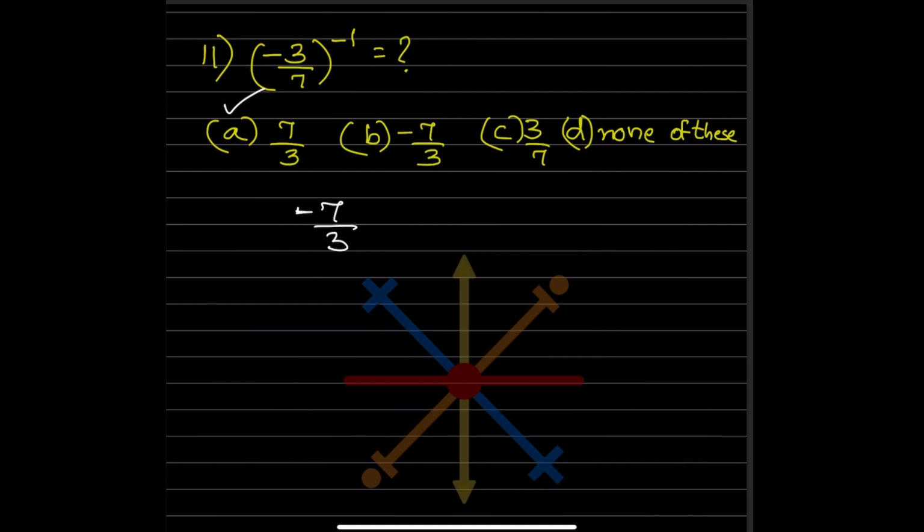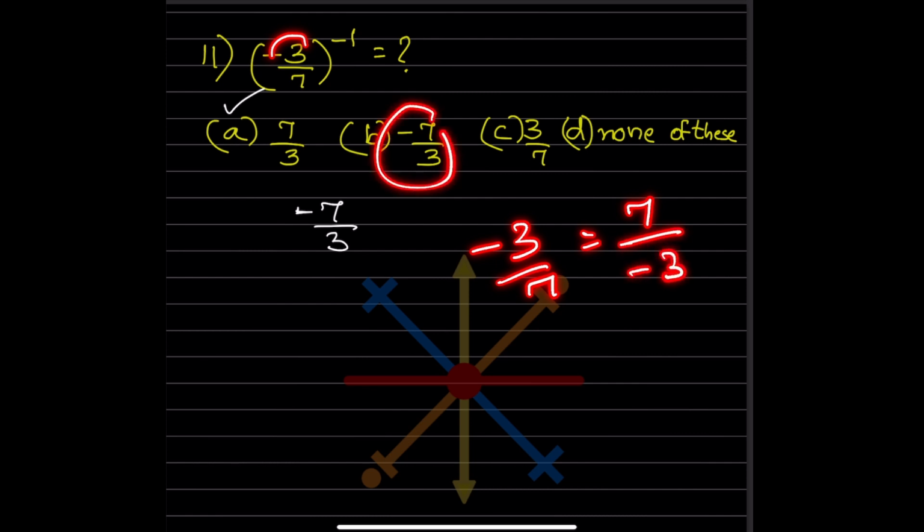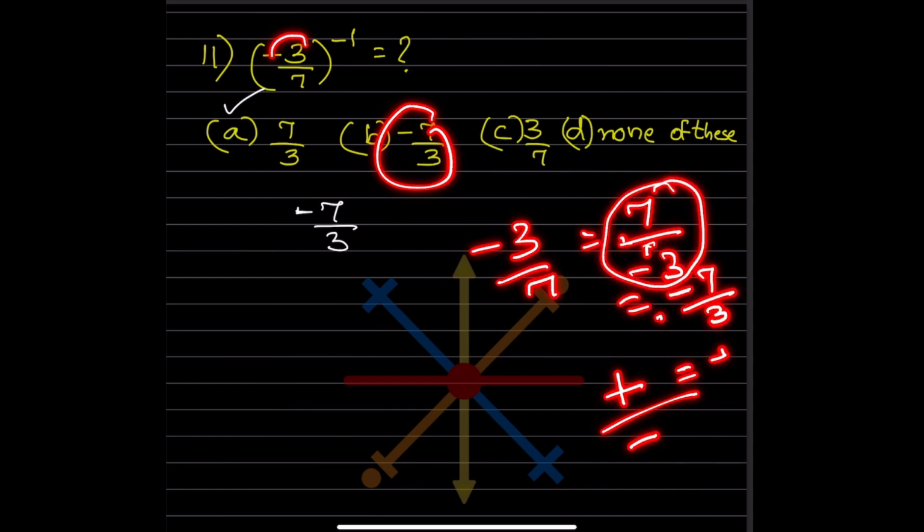So now you can also write the inside number as 7 by minus 3. Since the option is given as minus 7 by 3, you can also write, as I told you, plus divided by minus is minus. So you can put this minus sign at the top. Or you can also write 7 by minus 3, that is okay. But here the option is given as minus 7 by 3.